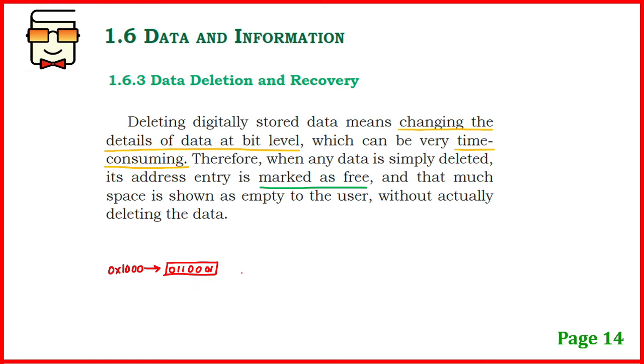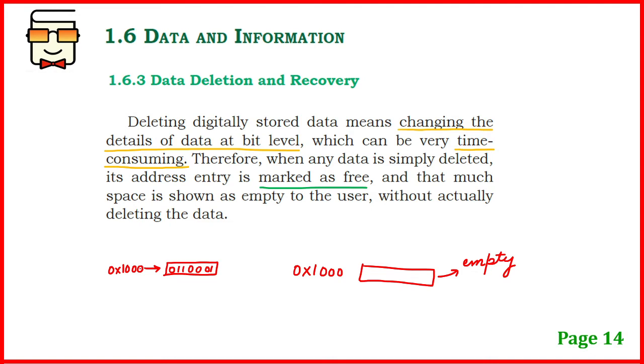The generic way is to make this memory location completely empty. That means to erase the contents of the memory location at the bit level. Now this will become empty, and any data that has to be stored in the memory can be stored in this location.